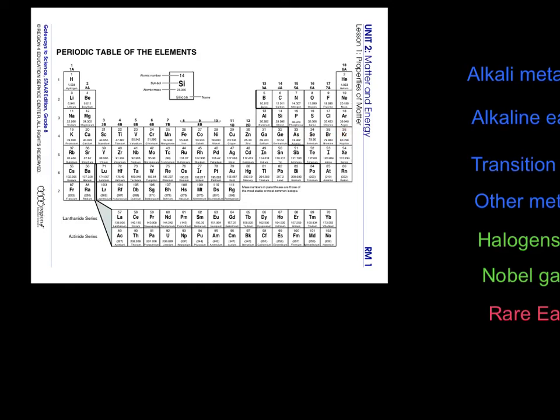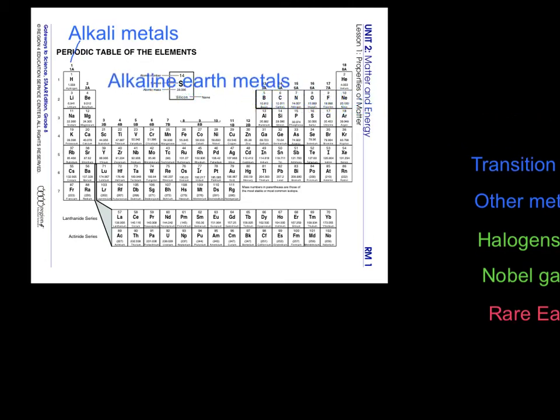The groups on the periodic table are named, and you must know these names. Group 1 on the periodic table, which does not include hydrogen, because hydrogen is a gas. Group 1 on the periodic table are the alkali metals. The alkali metals. Group 2 on the periodic table are the alkaline earth metals.